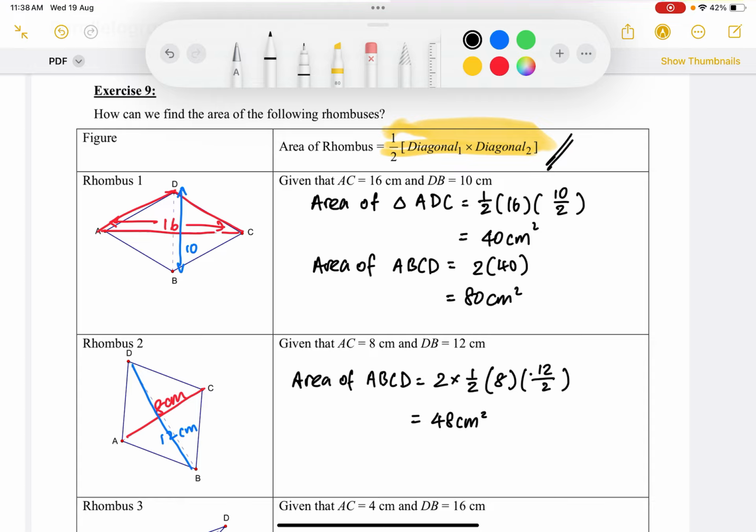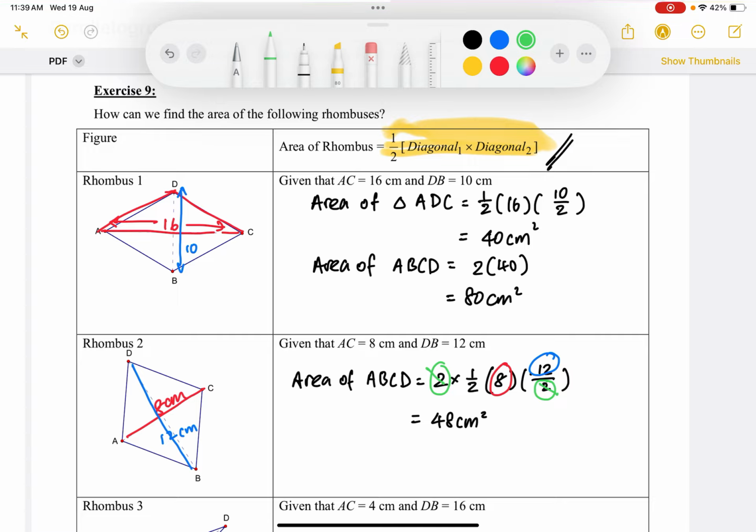So where does that highlighted formula come in? I'll show it to you. 8 is a diagonal. 12 is another diagonal. Let's see what happens to the 2 over 2. Both of these will cancel, right? So what does that leave us with?